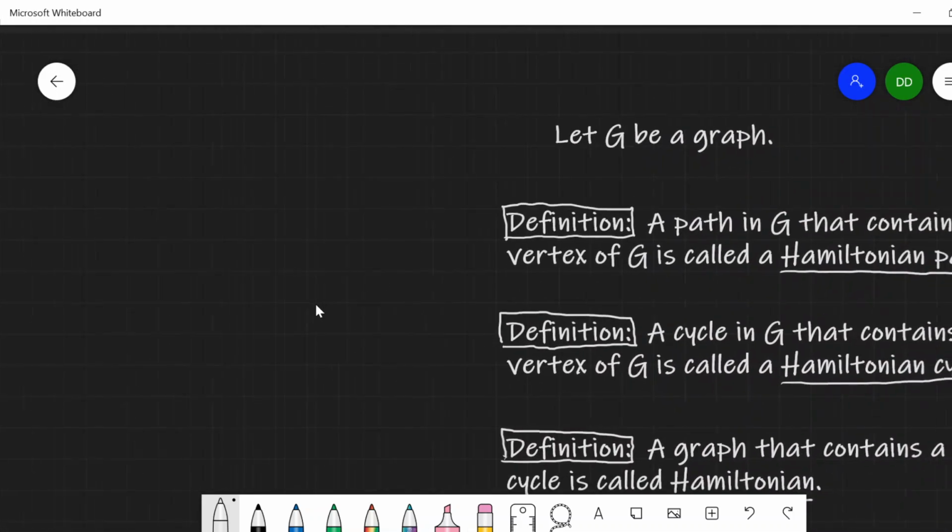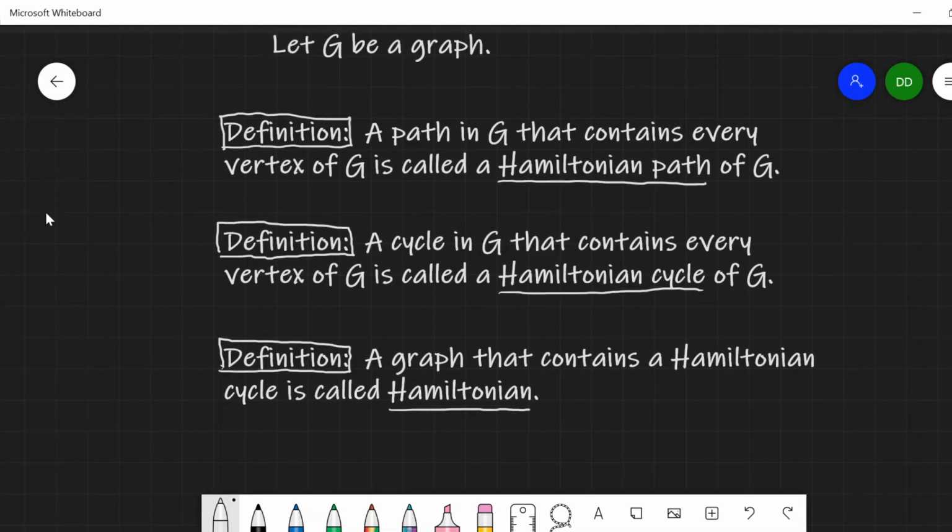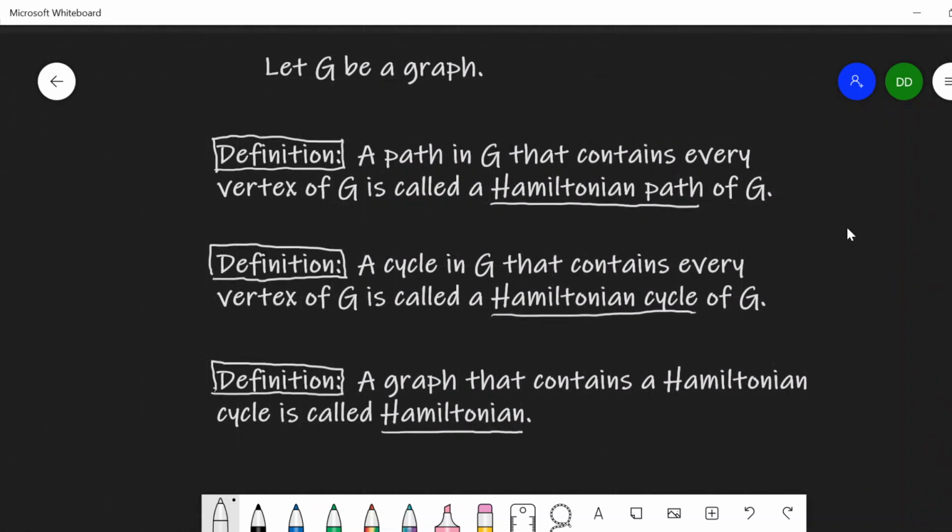Okay, so some terms for this. Let G be a graph. A path in the graph that contains every vertex of G. Remember, it's a path, and so if it contains every vertex of G, it necessarily contains every vertex exactly once, right? Paths can't repeat vertices. So if you find a path that contains every vertex of the graph, we call that a Hamiltonian path. A cycle that contains every vertex, again, necessarily exactly once, is called a Hamiltonian cycle of G, or just a Hamilton cycle.